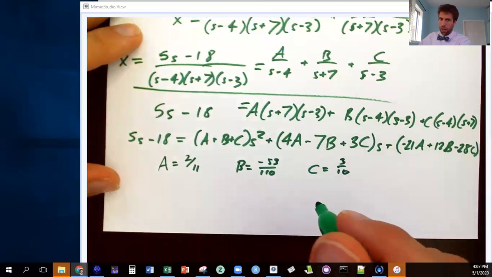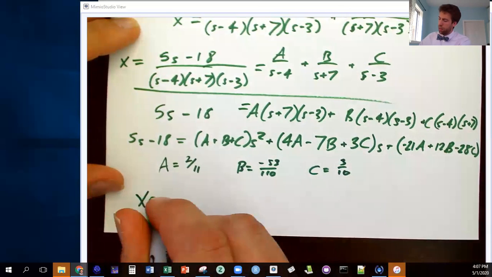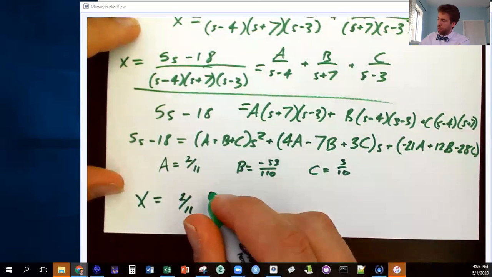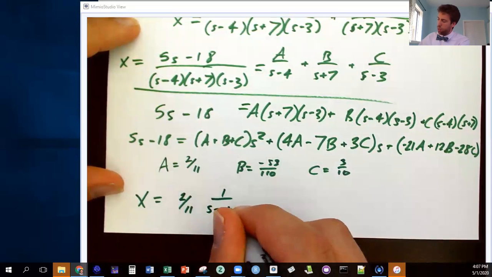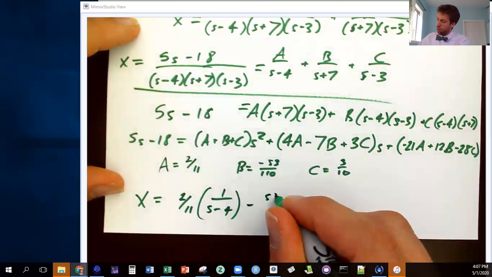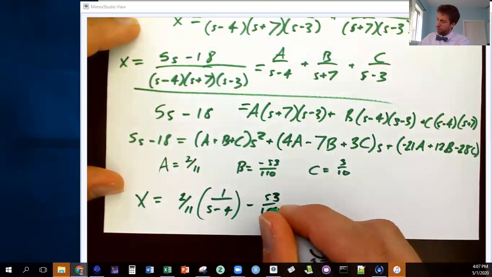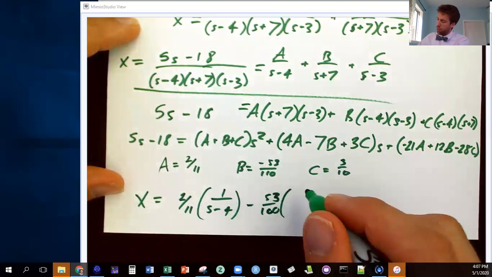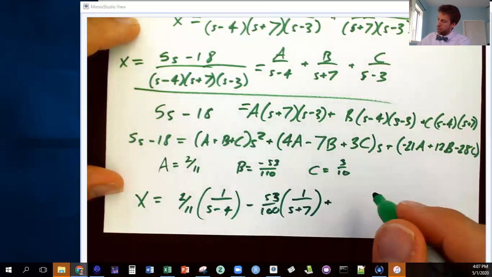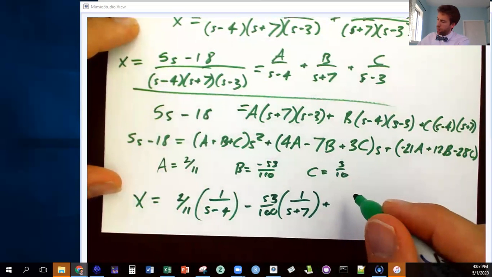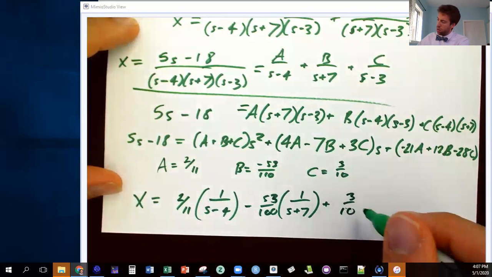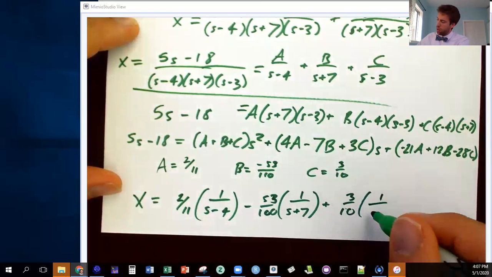So that gives us that big X equals 2/11 times 1 over s minus 4, minus 53 over 110 times 1 over s plus 7, plus 3 over 10 times 1 over s minus 3.